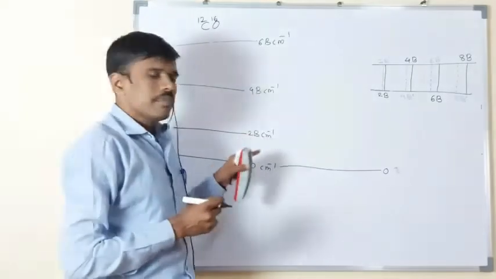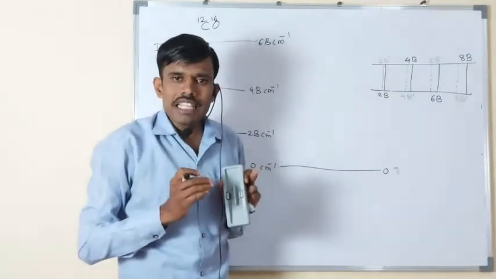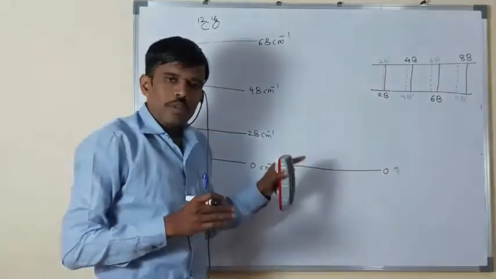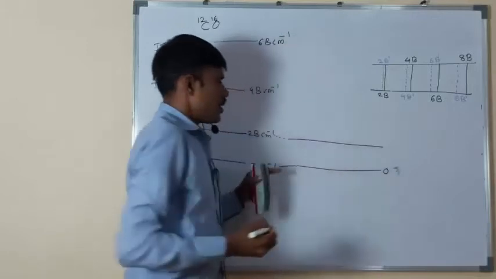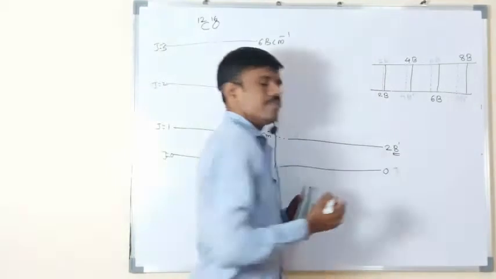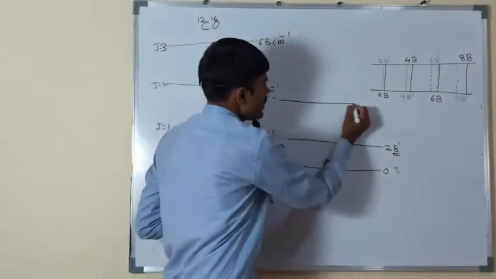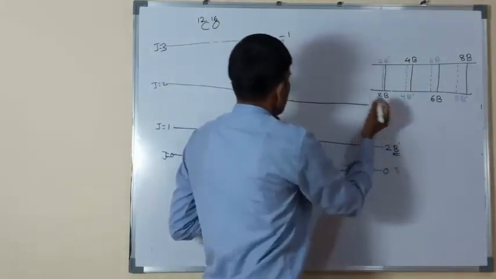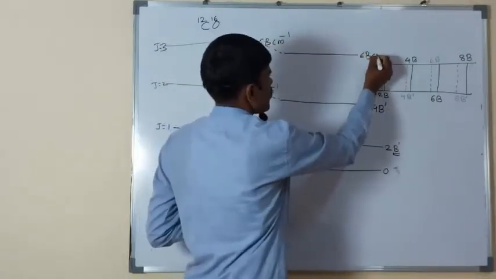The B value in the first energy level, that is J equal to 1, the energy level decreases due to decreasing B prime. Similarly here, the energy levels decrease. Here also energy levels decrease.